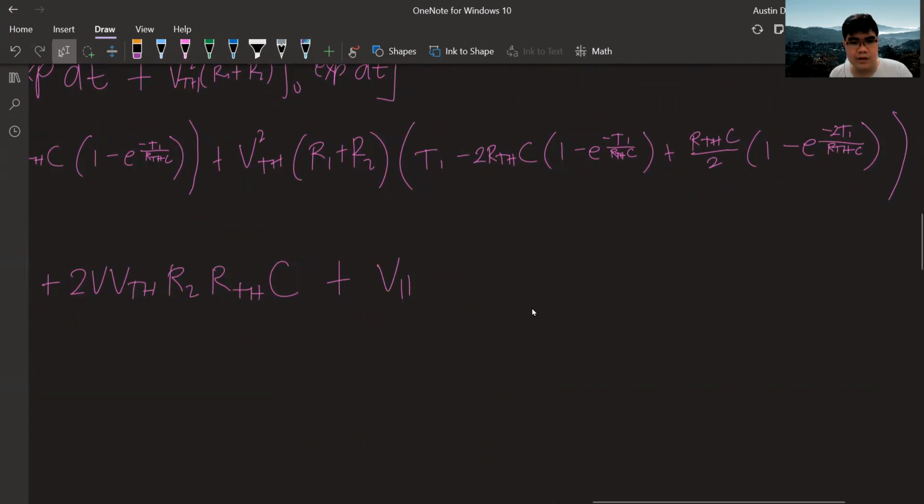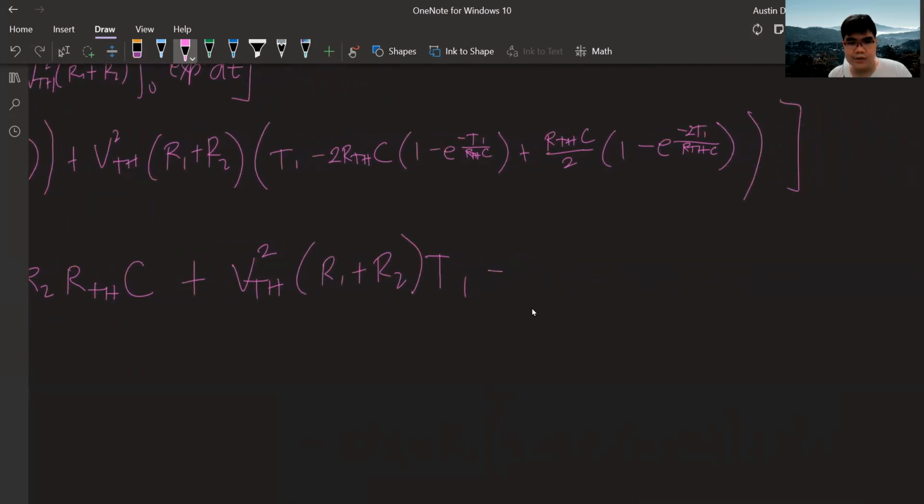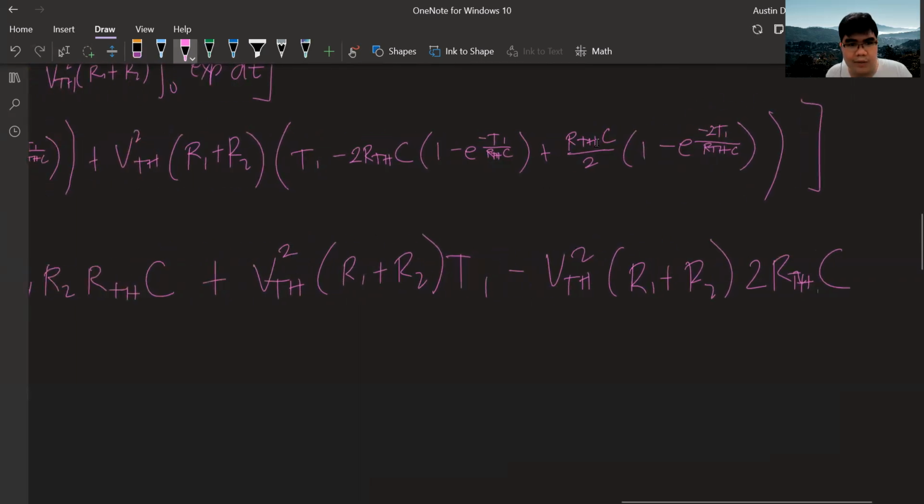Plus V_th squared (R1 plus R2) times t1. And then, we also use this for the other terms: V_th squared (R1 plus R2) times 2 R_th C. And then the last one would be this term.